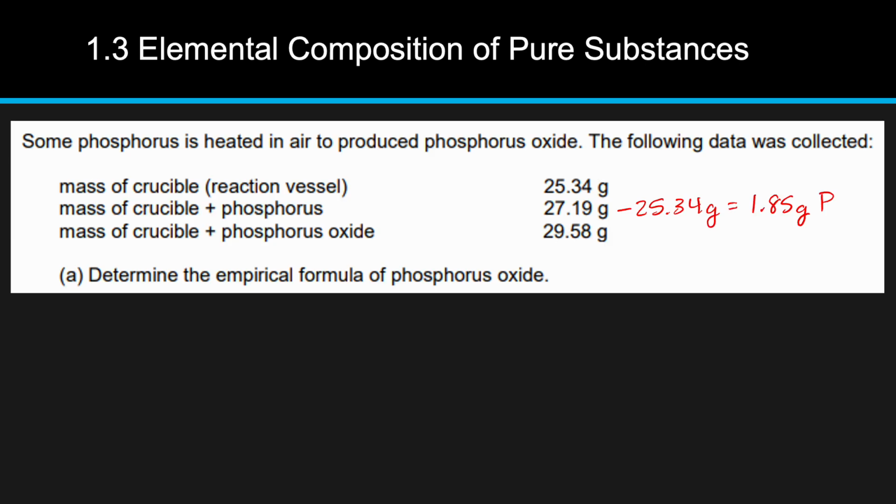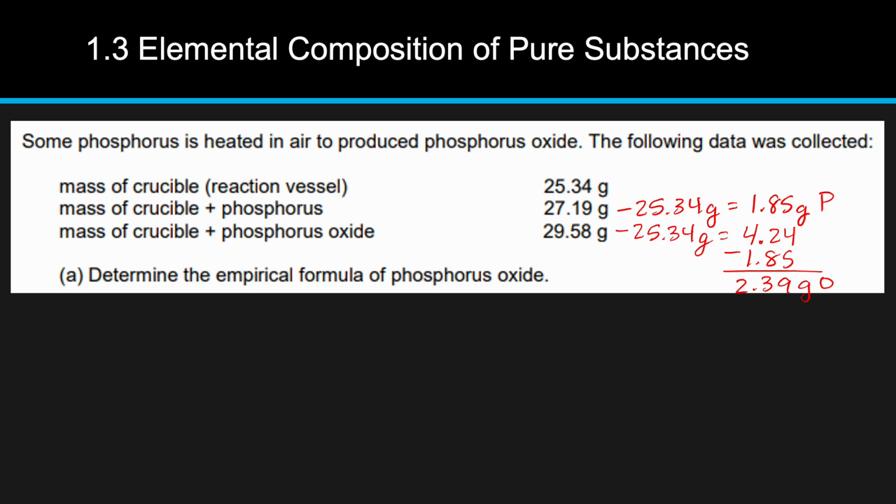That means in this sample we have 1.85 grams of phosphorus. Now we need to figure out how much oxygen was added into the phosphorus oxide. By taking the mass of the crucible and the phosphorus oxide and subtracting the mass of the crucible, I get a mass of 4.24 for the entire compound. Then I subtract 1.85 and that gives me 2.39 grams of just oxygen.